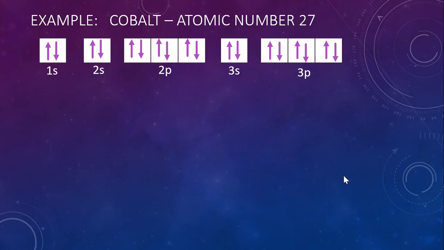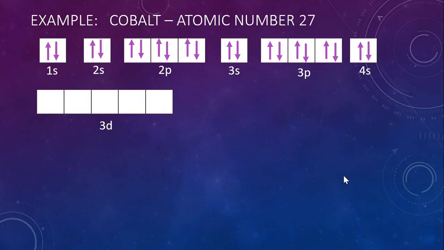After 3p is 4s. Add those two, and now we're at 20. After 4s is 3d. We have 7 electrons left. This is the orbital diagram for cobalt.